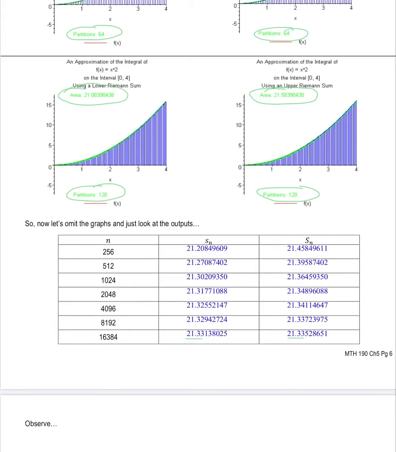So it's somewhere between 21.33138 and 21.33528. So it looks like I at least have it down to accuracy to the nearest hundredth. Because of course all along, we were realizing that our actual area was always going to be bound in between this lower sum and the upper sum.